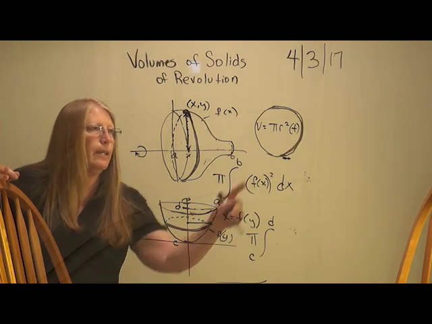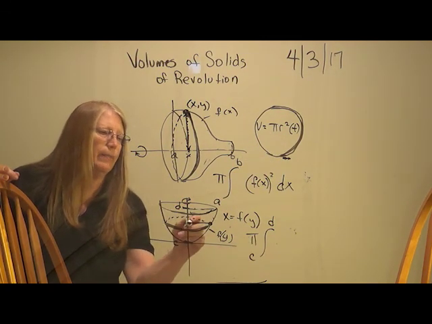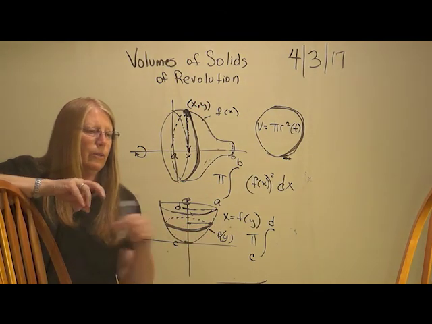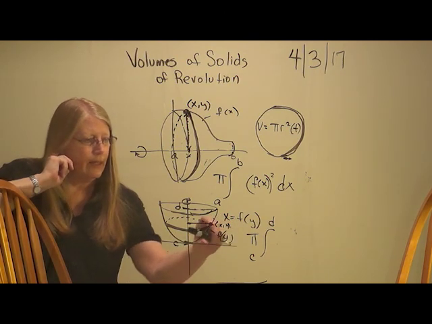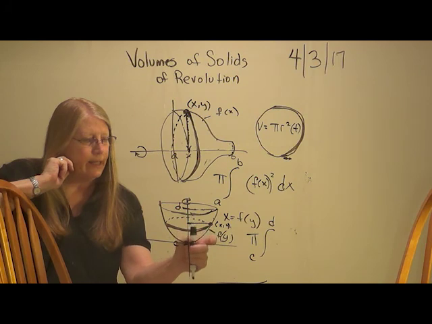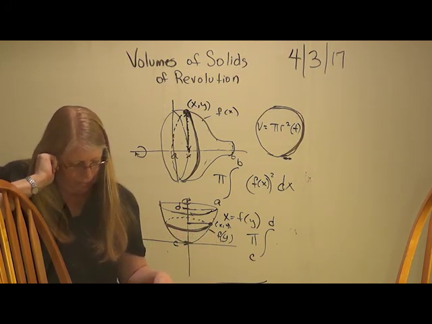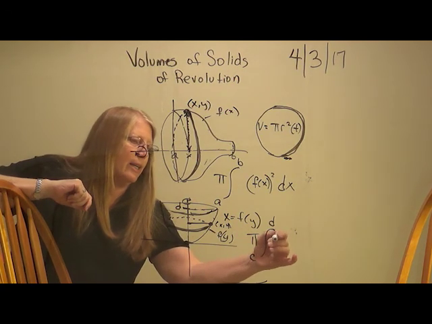So it's going to be pi, and there's my pi. R this time is from here to here, so that's an x value. If we call this x over and y up, as we normally do, the radius this time is the value for x. So we're going to put f of y, or x.